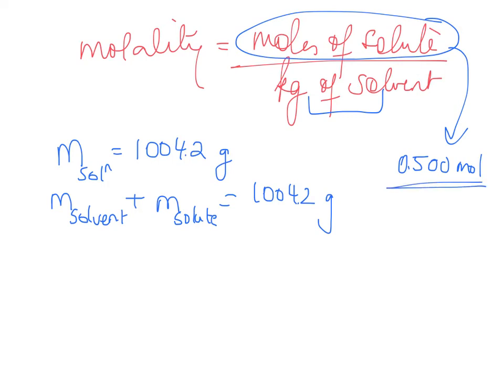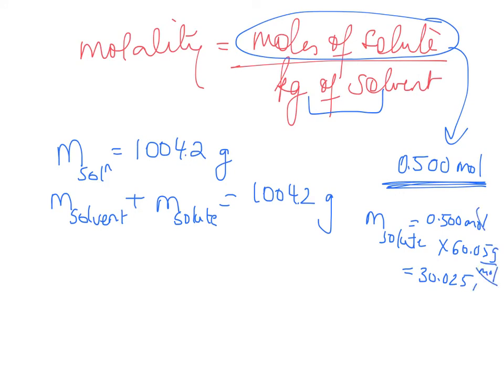Now, if I know the moles of solute and I know the molar mass of the solute, hopefully you can envision that I can determine the mass of the solute. So 0.500 moles times 60.05 grams per mole comes out to be 30.025. Moles and moles cancel off. So I have the mass of the solute as well.